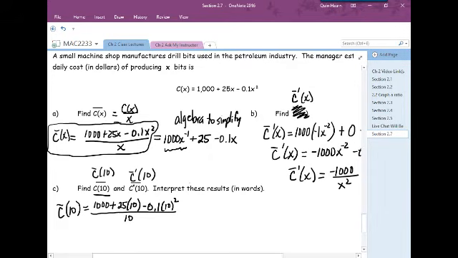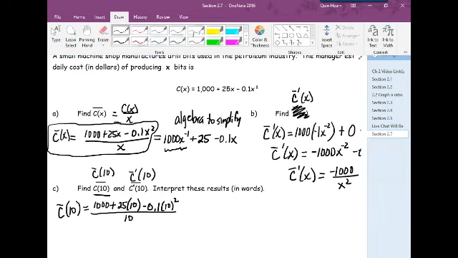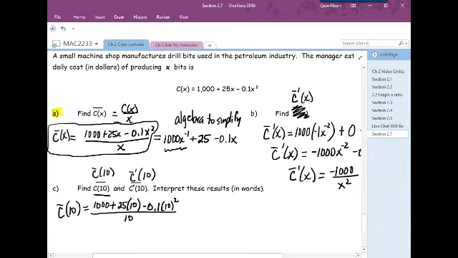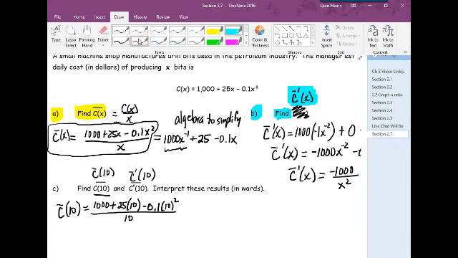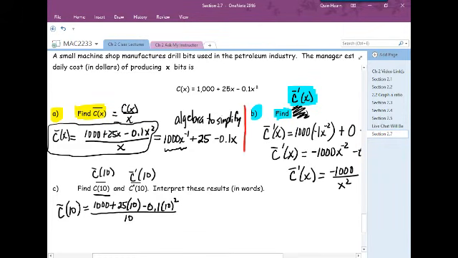All right, so I see a question here from Taylor. Why are we taking the derivative? Doesn't it ask for C bar of x? So it asked for both. I know the screen's a little full here, but part A was to find C bar of x, and then part B was to find C bar prime of x. So those are two different questions, which I'm glad you know.